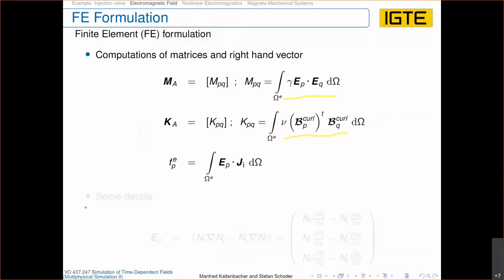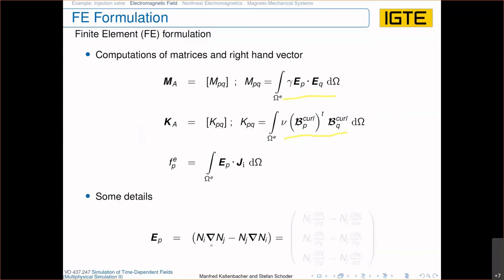For this, we first compute, for any edge P within a finite element, the basis function explicitly written in terms of the nodal basis functions.